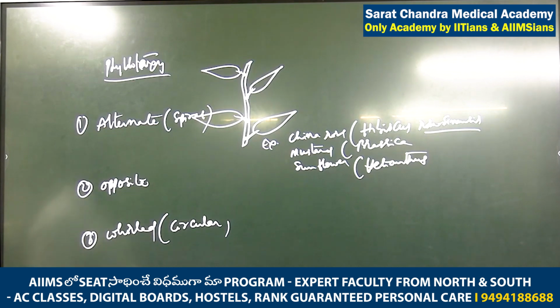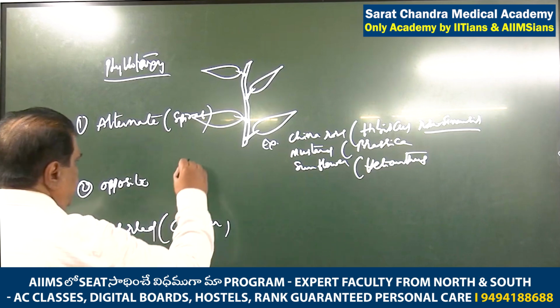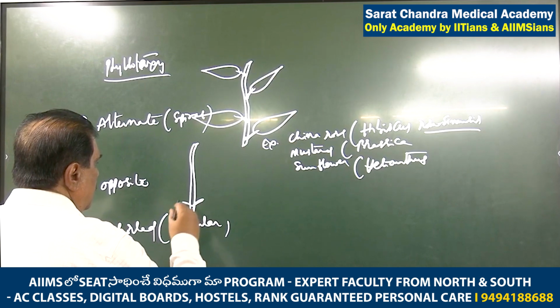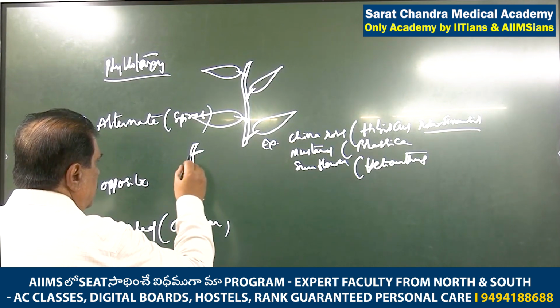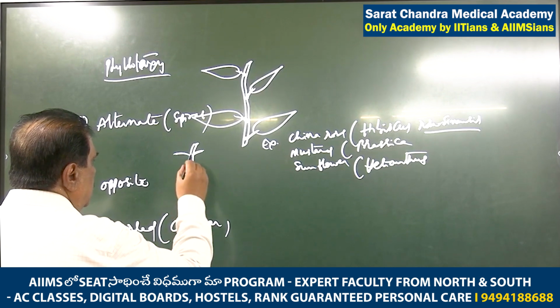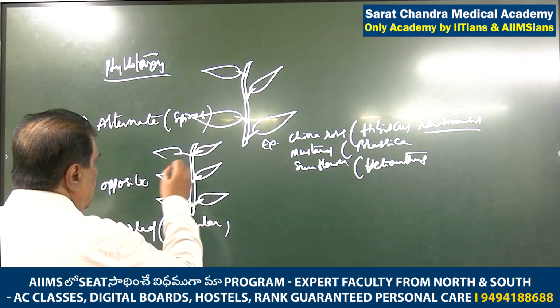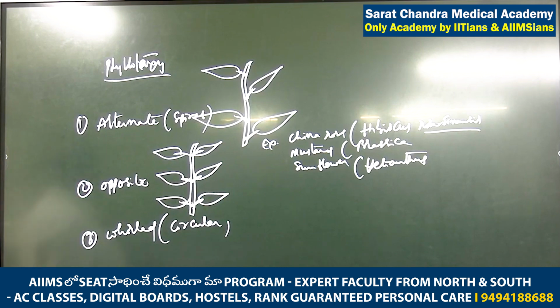Next, the second one, opposite phyllotaxy. Opposite: each node having two leaves, like this. So this is a node, each node having two leaves. If each node has two leaves, that is called opposite.